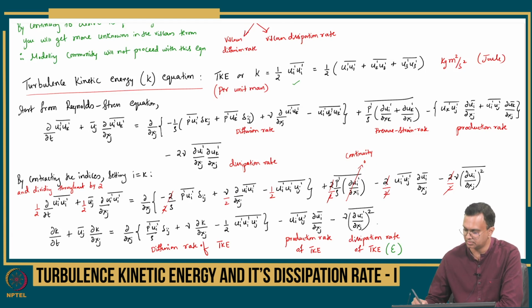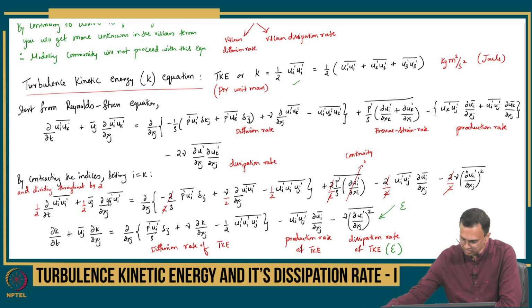This entire term is epsilon. Some of you would have heard of this model, the k-epsilon model, where k is this transport equation for k, and epsilon means the dissipation rate of turbulence kinetic energy. So this is the epsilon term here. This particular term is epsilon, the dissipation rate of turbulence kinetic energy.